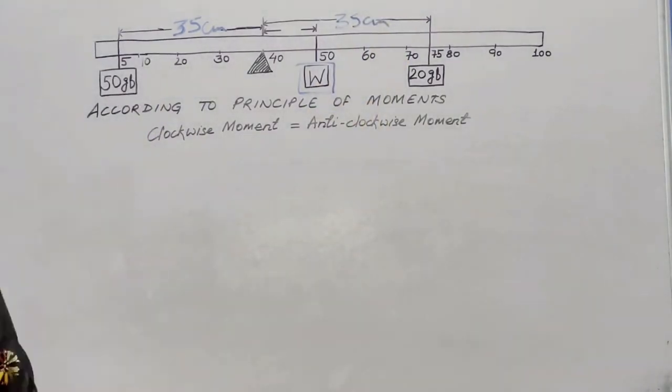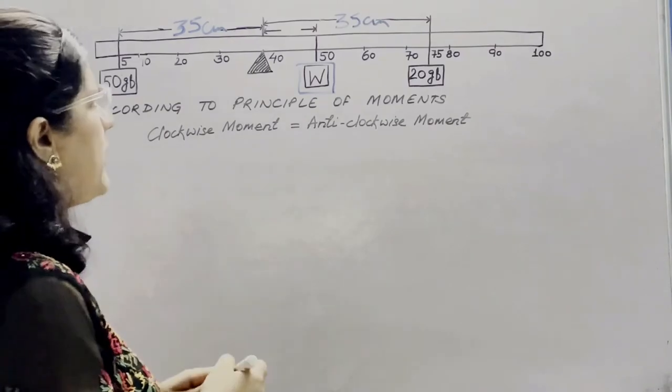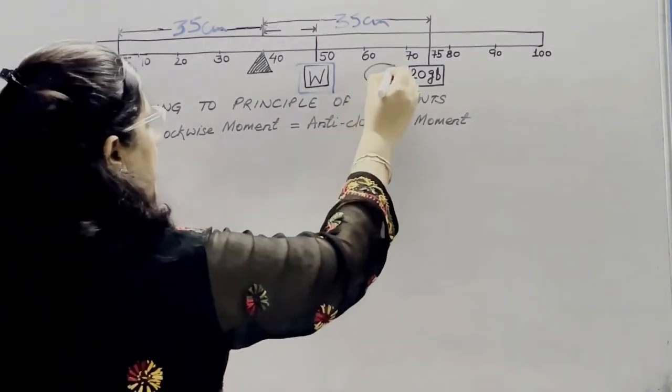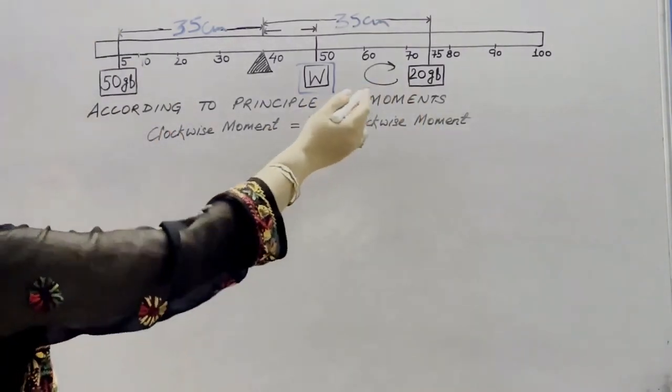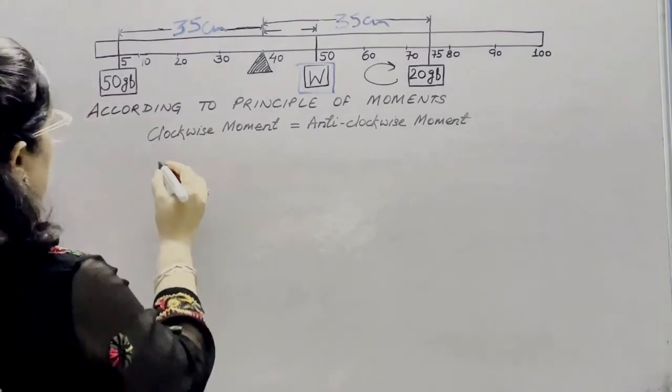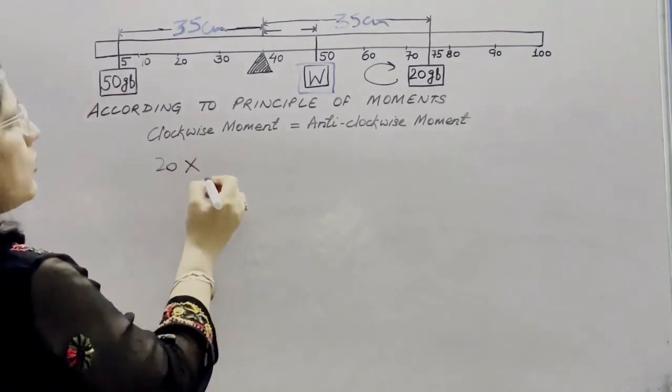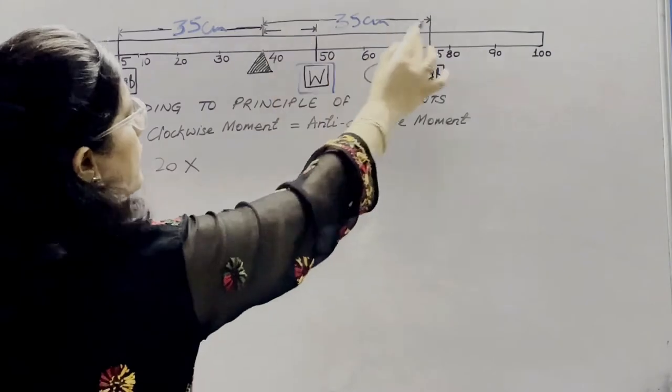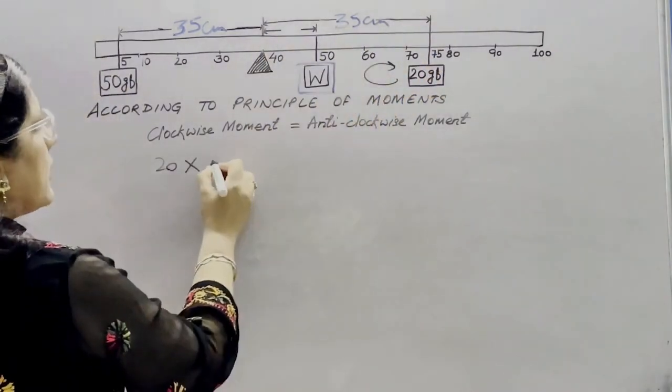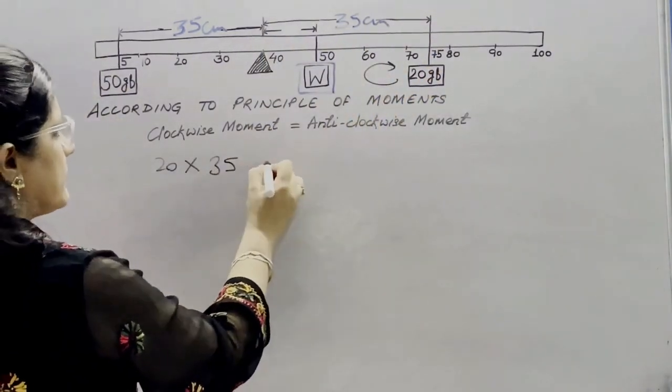Now, according to the principle of moments, clockwise moment on this side is F into D. What is the weight given? 20 gf into distance from fulcrum, 35 centimeter.